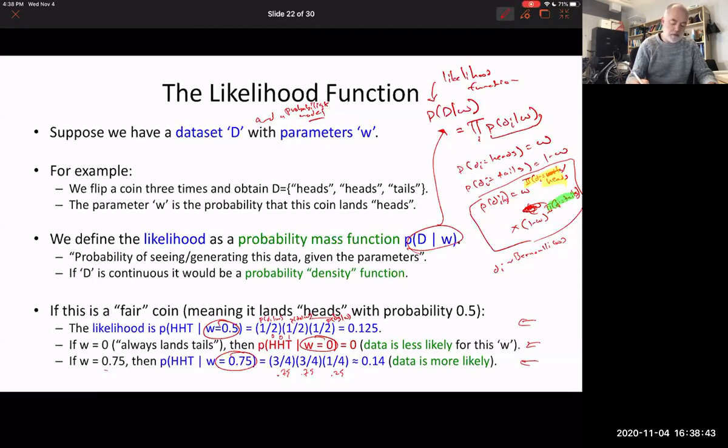And the likelihood of the data is different in these cases. In fact, you can see that the likelihood of the data is higher if we choose W equals 0.75, because that parameter generates the observed data with higher probability.